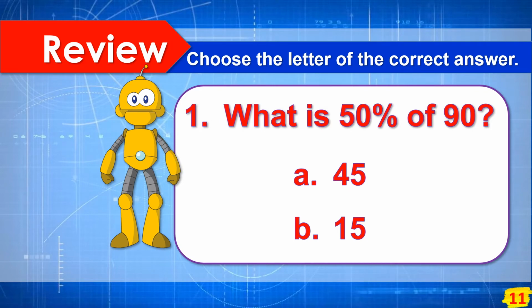Now let's have a 3-item review activity. In this activity, all you have to do is to listen to every question carefully. Choose your answer and write it on your answer sheets. Are you ready? For number 1, what is 50% of 90? Again, what is 50% of 90?